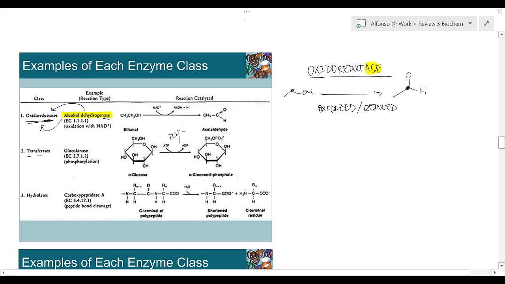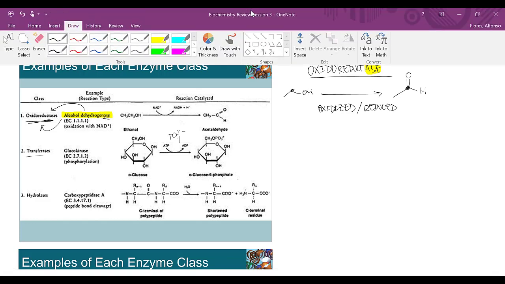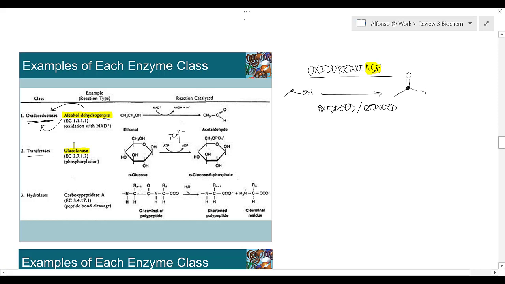So a transferase, more specifically glucokinase, takes one phosphate from ATP. ATP stands for adenosine triphosphate. It gives one of those phosphates from this triphosphate to glucose, turning glucose into glucose 6-phosphate, and turning ATP into ADP.